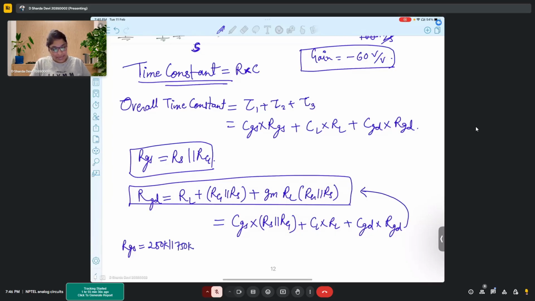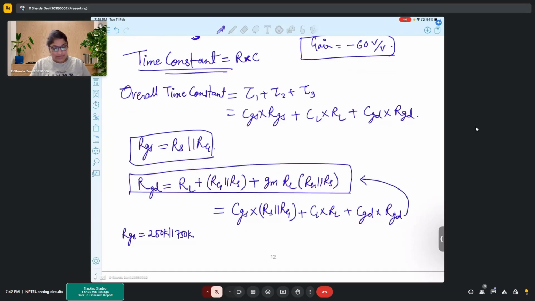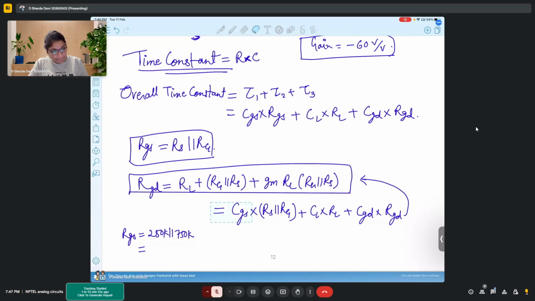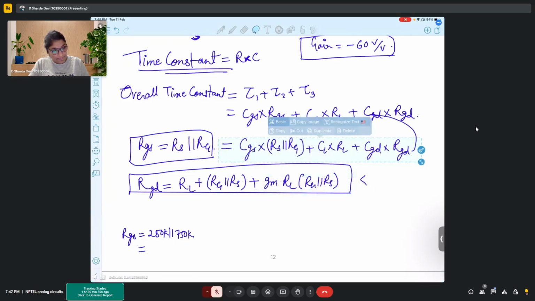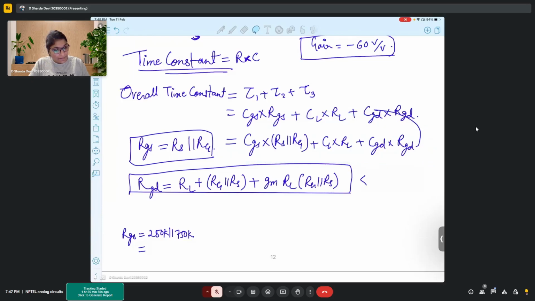So, can you people quickly calculate this RGS? What is the value that you are getting for RGS? 187.5K, right? Yes, ma'am, 187.5.